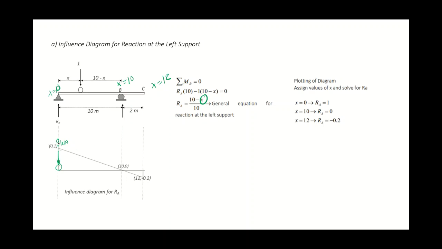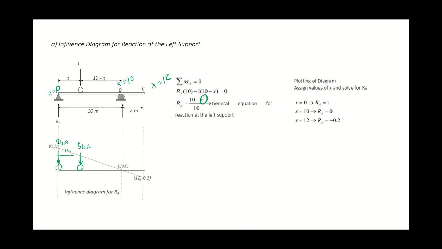So, always, when asked for the maximum, place the bigger value of the concentrated load at the highest ordinate of the influence diagram. Then space 2 meters.